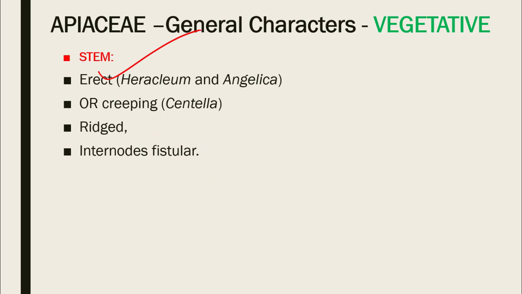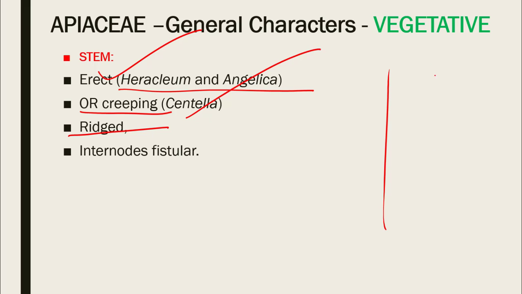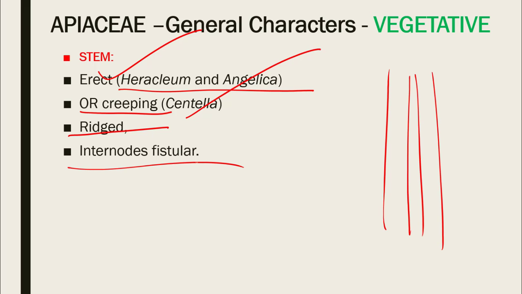So the stem is mostly erect: Heracleum, Angelica, coriander, Daucus carota, carrot, and so forth. It might be creeping, which trails on the ground. It doesn't stay erect, as in Centella. The stem is mostly ridged, that is, there are elevated parts on the stem, and the internodes are fistular, that is, they are hollow from inside.